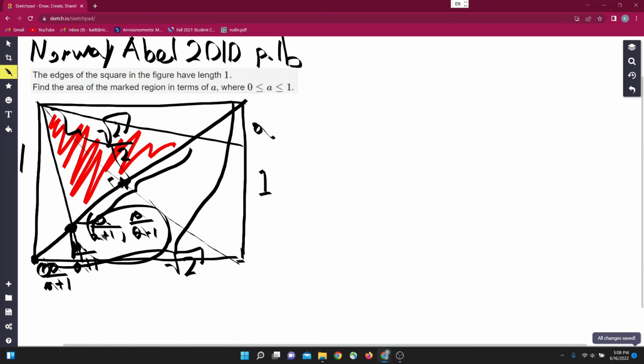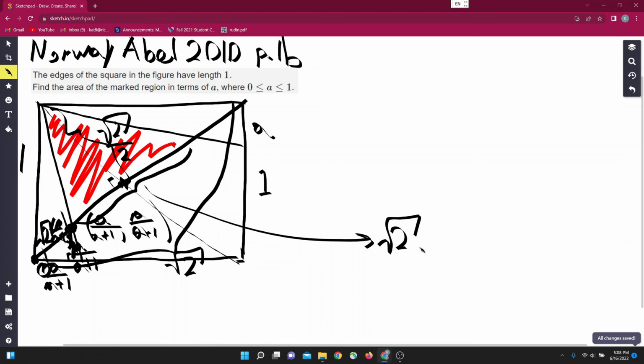Using this result here, this is a right triangle, and so these angles are 45, 45, and therefore this side is root 2 times a over a plus 1. And therefore, our base is nothing but root 2, which is the full length, subtracted from 2 times this little length here, which is 2 times root 2 times a over a plus 1.